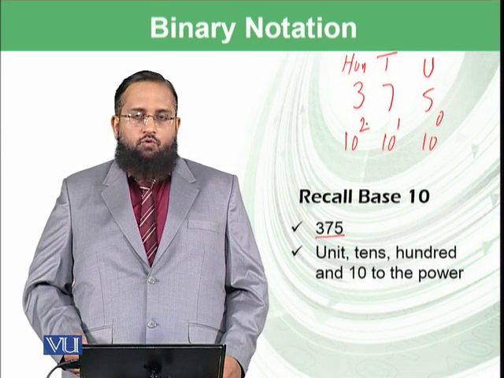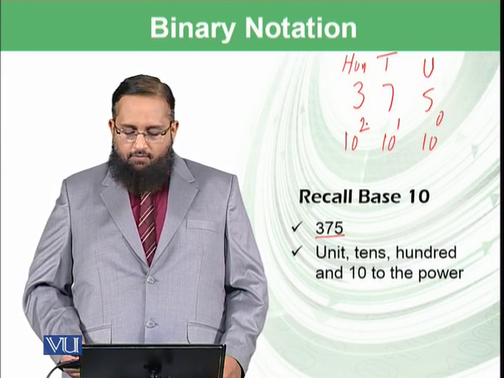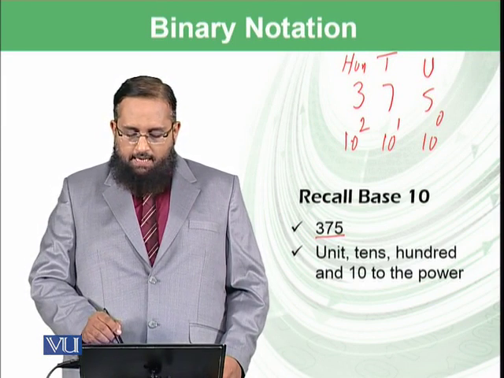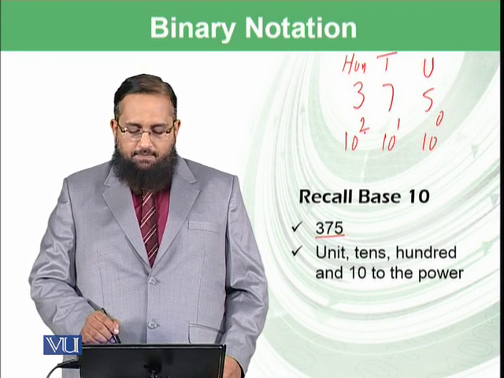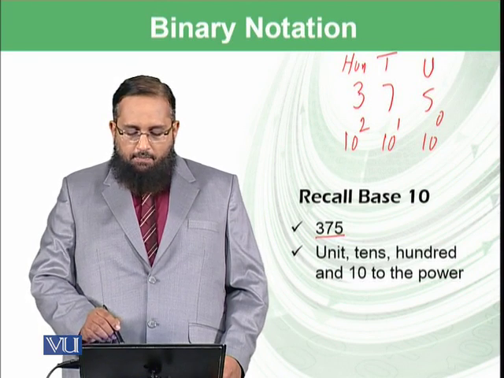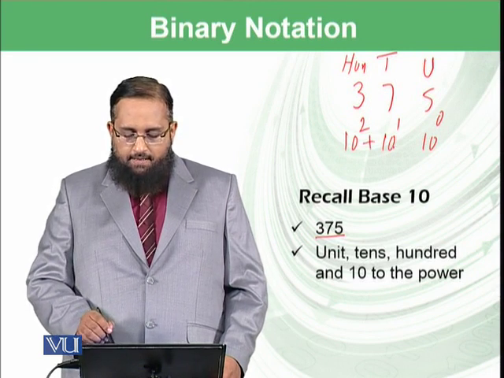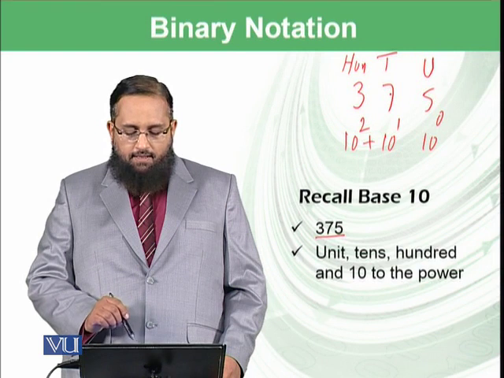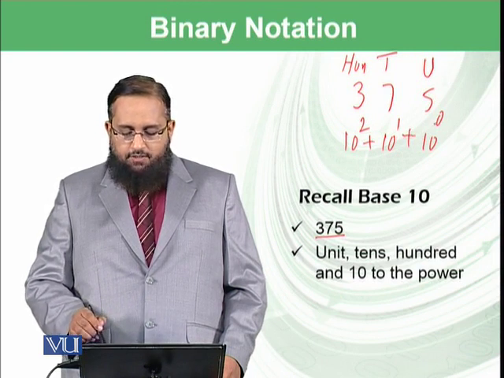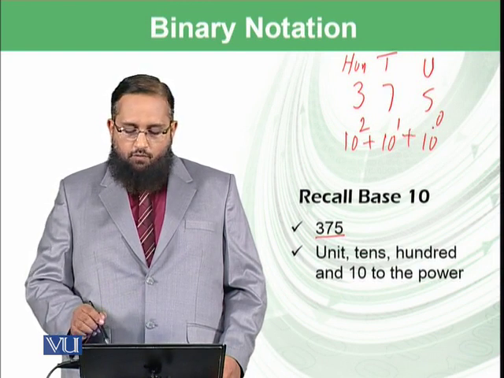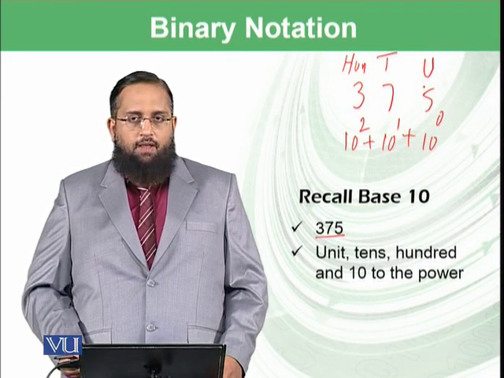Because when you translate 375, you say 10 raised to power 2, which means 100 multiplied by 3, which forms 300, plus 10 multiplied by 7, which is 70, plus 10 raised to power 0 means 1 into 5, so it becomes 375.